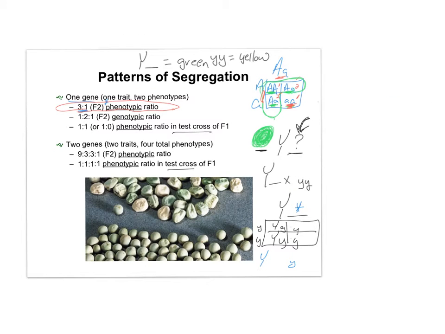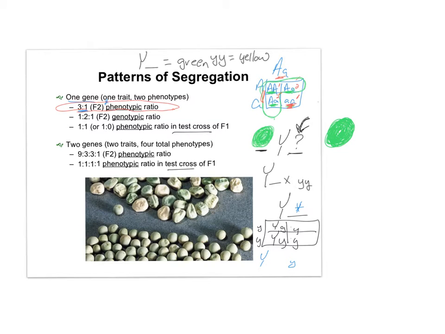So in a dihybrid cross, if we had the same kind of question, except now we want smooth or wrinkled, does this particular green pea have the gene for wrinkled? We know it's smooth. We can see it's smooth. But does it have the gene for wrinkled?